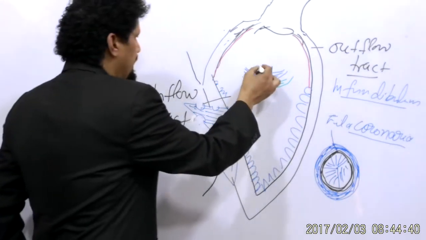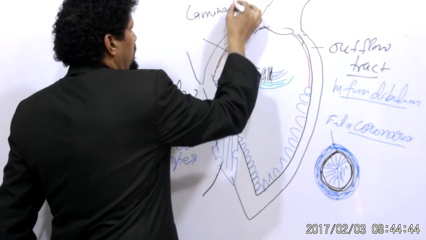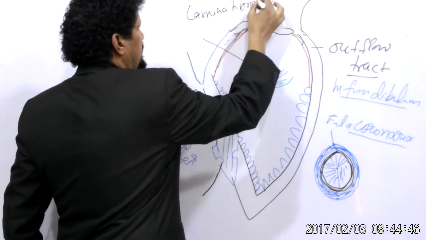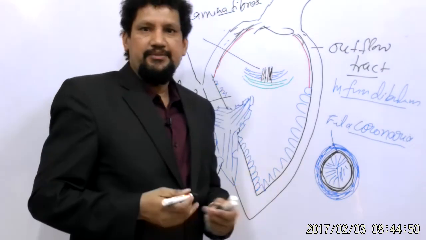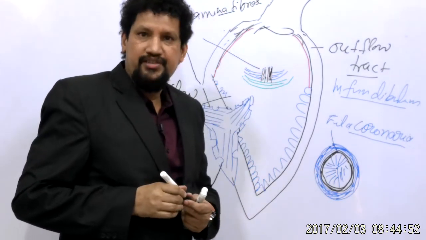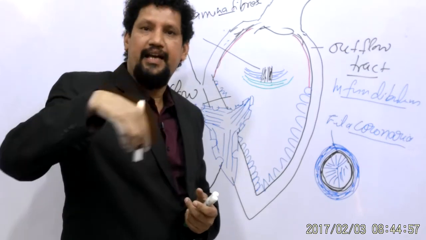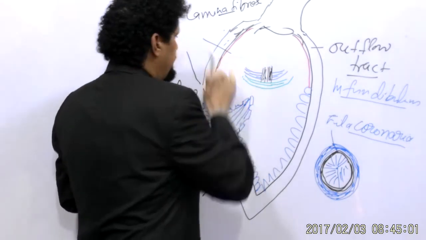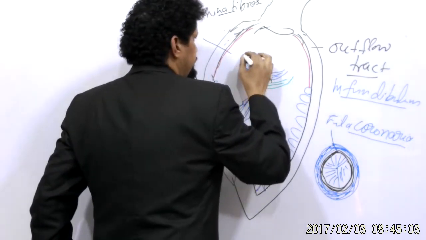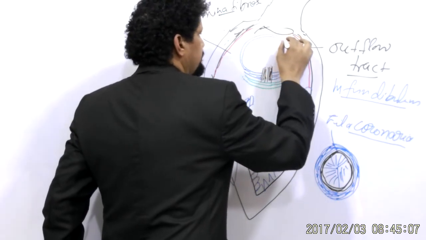So, these are known as the lamina fibrosa. The bases of all three cusps are in continuation with each other, forming a curtain like structure. Here I will draw the tricuspid annuli.